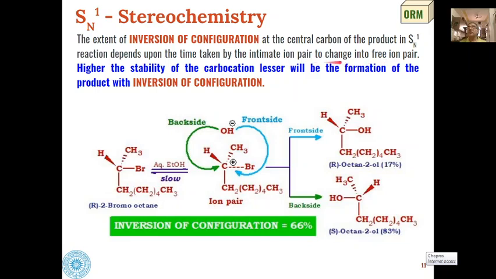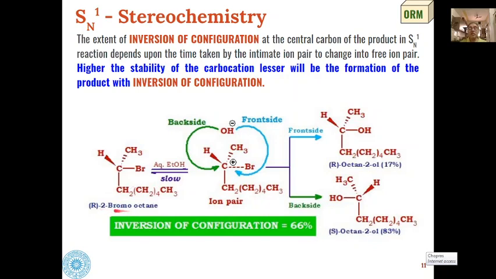And if it will take less time, that means there will be possibility of more racemization than inversion of configuration. So we can see this example.